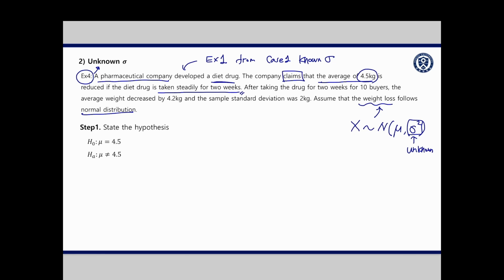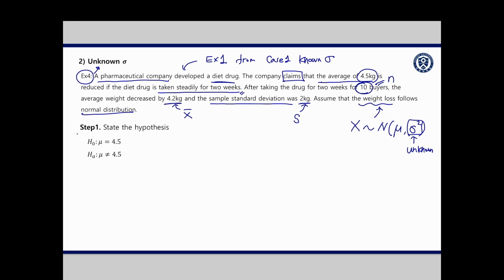And we obtain the sample mean of 4.22 kilograms, and the sample standard deviation is 2 kilograms, with the sample size 10.